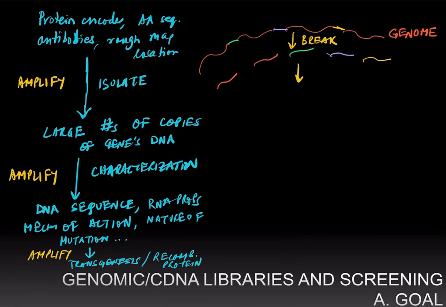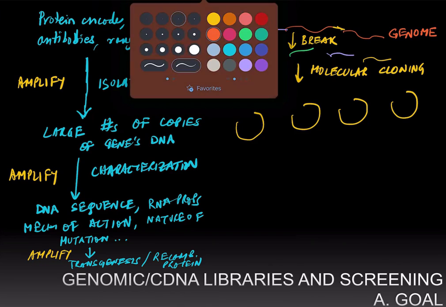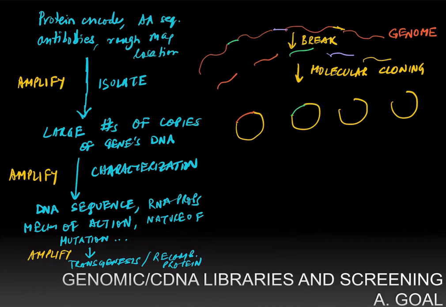And once you have broken up the genome, then you use molecular cloning techniques, so the cutting and pasting of DNA into vectors to create thousands, tens of thousands of different vectors, each one containing a different fragment of genomic DNA, and some of them are going to have one gene, another one is going to have a different gene, and so on and so forth.